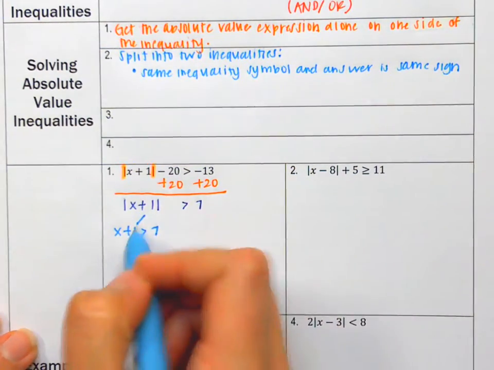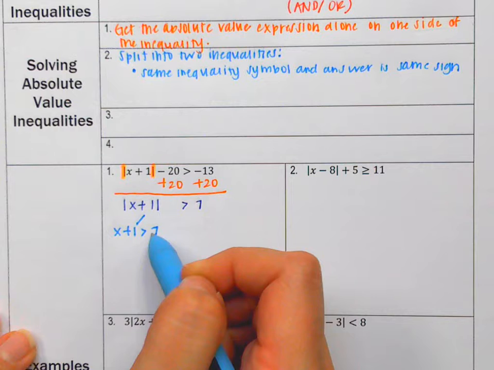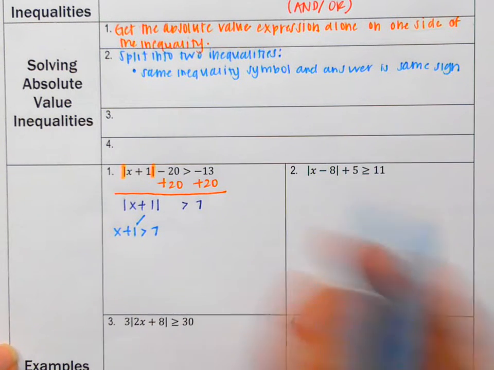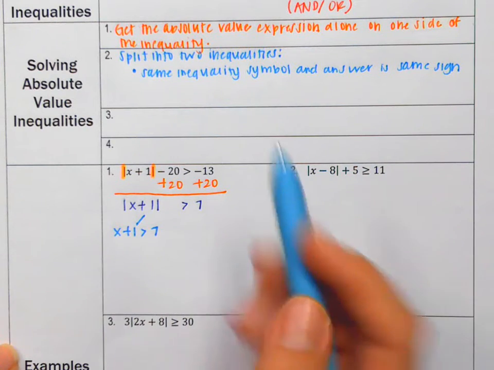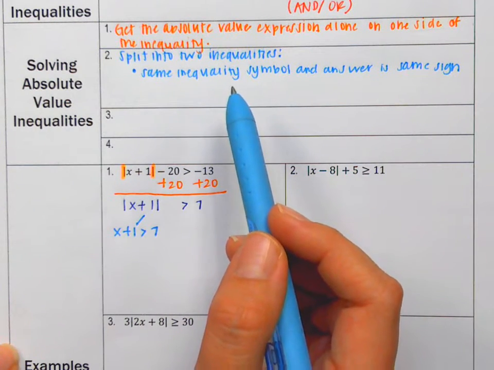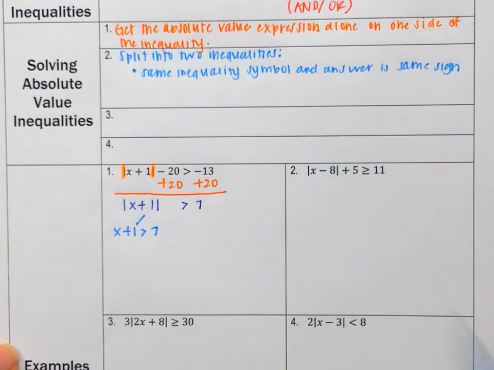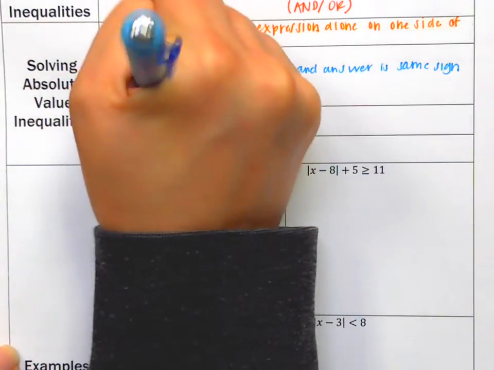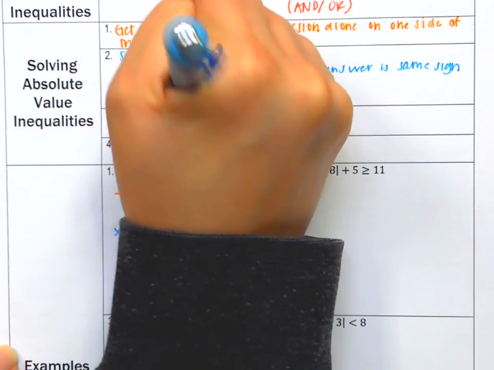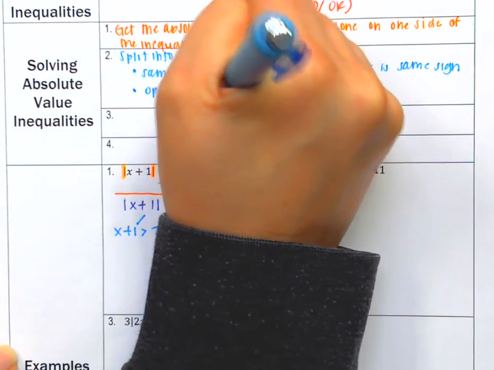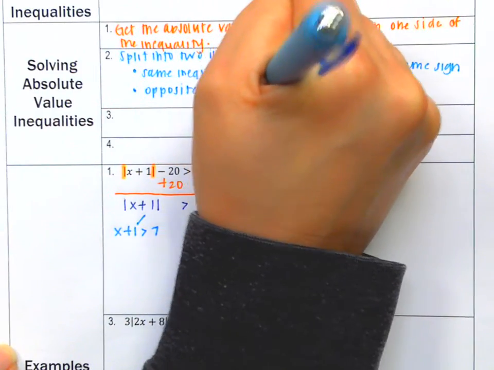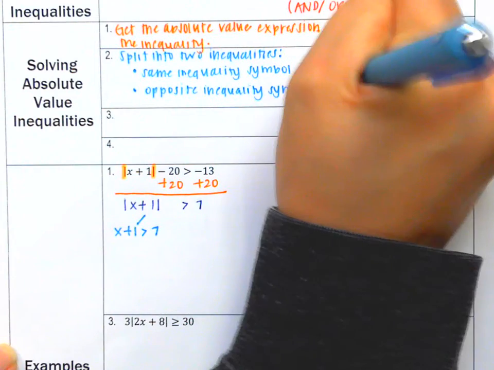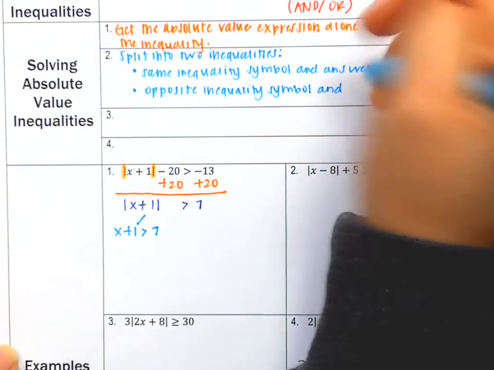And then the second one, so before it was the same, it was equals and the same sign. And then the second one was the opposite sign. So what happens is we change the inequality symbol and we change the sign of the answer. So opposite inequality symbol, and answer is opposite sign.